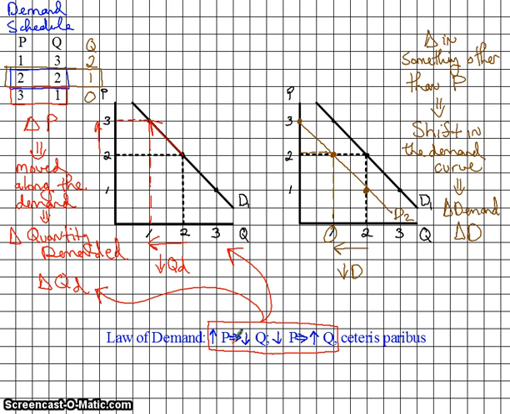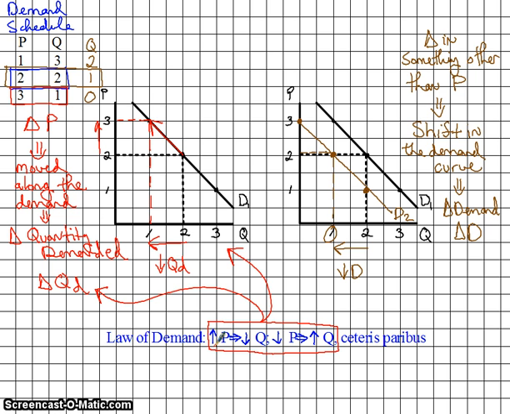When you get an increase in the price, people buy less of the good, and that's called a change in quantity demanded. Increased price, quantity goes down; decreased price, quantity goes up. That's moving along the curve. The curve does not move. That's a change in quantity demanded. So the first part of the law of demand is moving along the demand curve, quantity demanded.